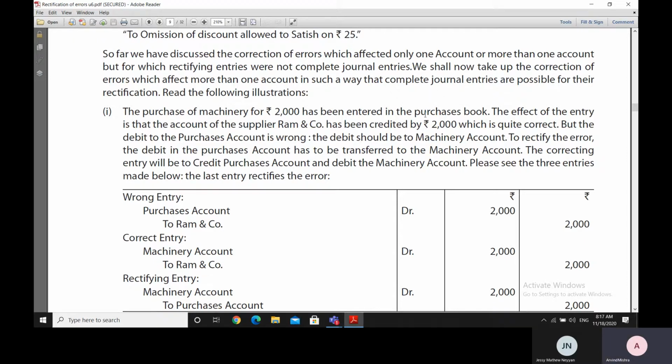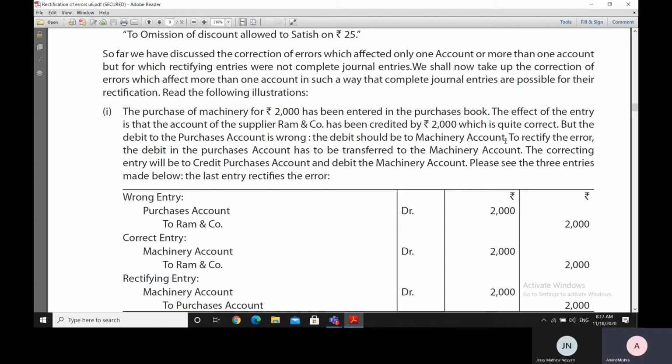Now, since it has been entered in the purchase book, the effect of the entry is that the supplier, Ram and Company, his account has been credited by 2000, which is all right. But the debit which we have done in the purchases account is wrong. Actually, the debit should go to the machinery account.